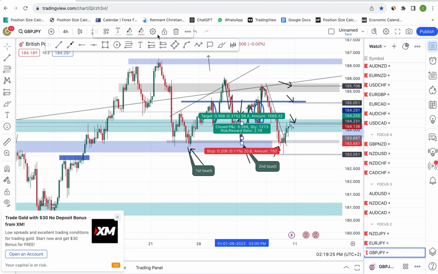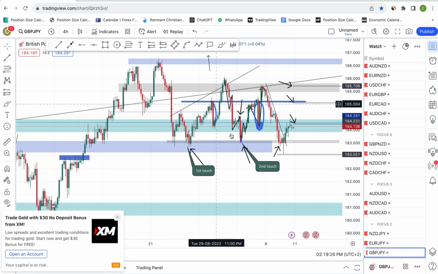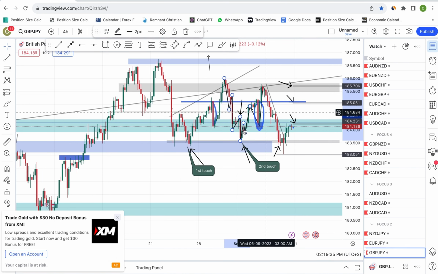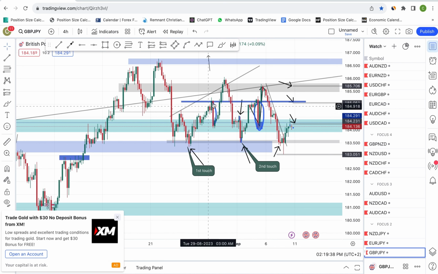Let me delete this so it can be clear. So I want to avoid these two drawdowns, both this one and this one.